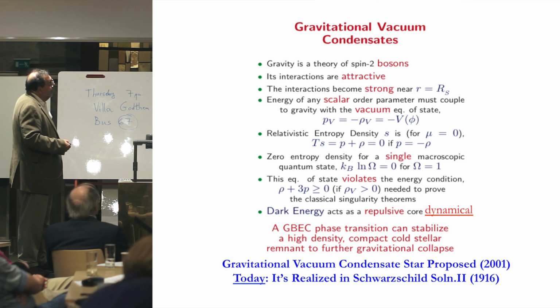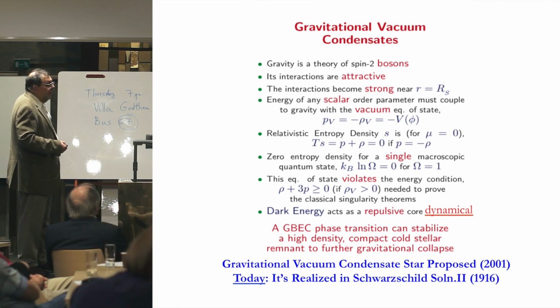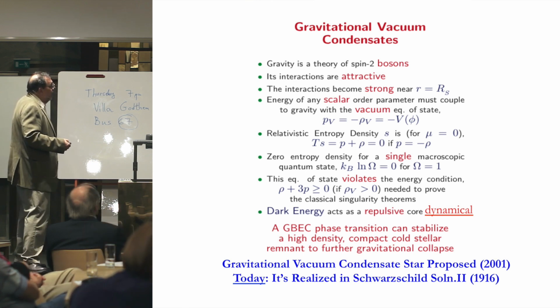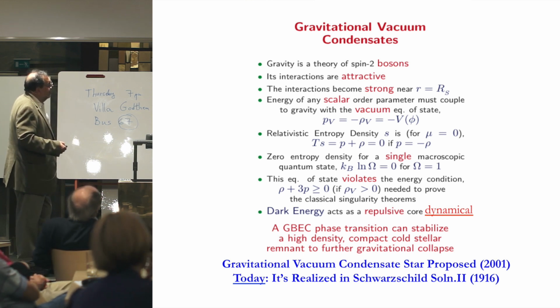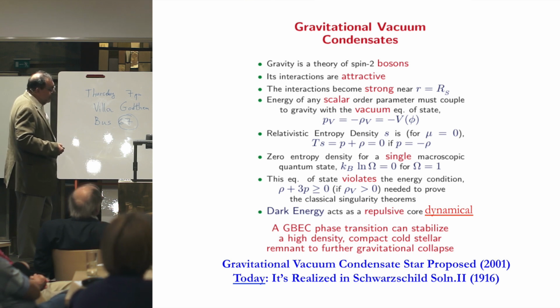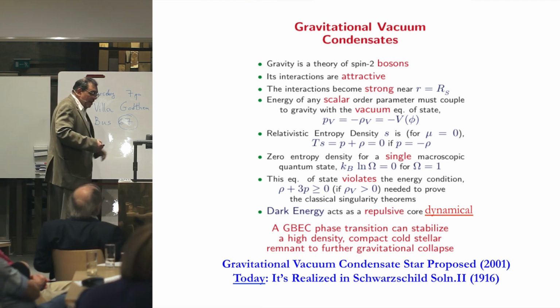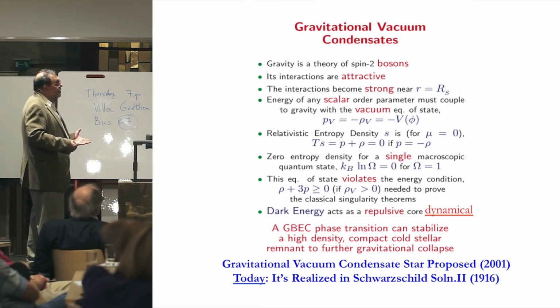And as we just said, if P equals minus rho, P being negative, then this energy condition is violated, and you can have a repulsive core. So a condensation of any kind that produces this, as Sakharov and Zeldovich were thinking of back in the 60s, would lead to a repulsive interaction as far as the gravitational forces are concerned, and you could end up with essentially a bag, a self-confined condensation in which the trap is gravity itself.